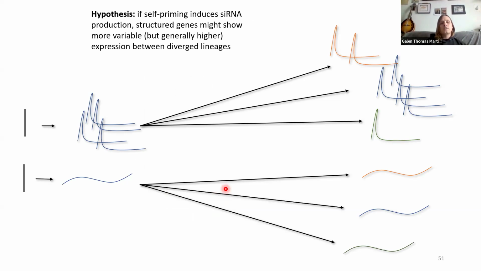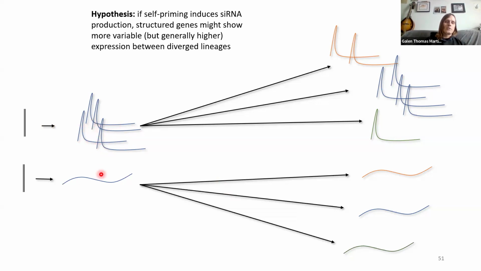So next, we wanted to see if there was any effect in sort of a larger time scale. So we looked at variability of expression of these structured genes versus unstructured genes between a bunch of maize lineages. And of course, we used the NAM lines because they're a great data set for this type of analysis, right? And our expectation was that perhaps these structured genes, we saw that they're more expressed, and that's what this is representing, right?